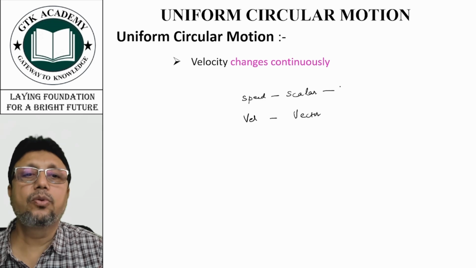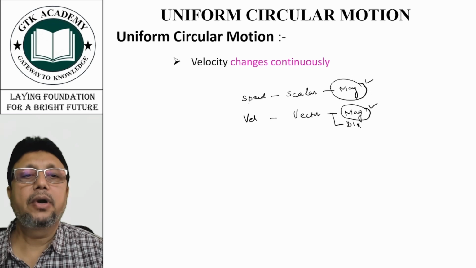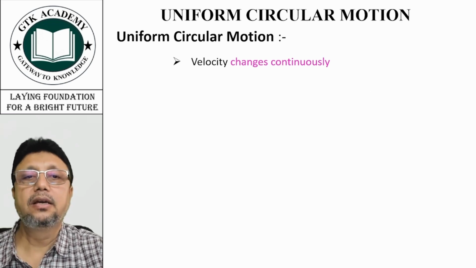Now a scalar has only magnitude, whereas a vector has magnitude plus direction. So in this case, for velocity, the magnitude will be constant, but direction is going to change continuously.